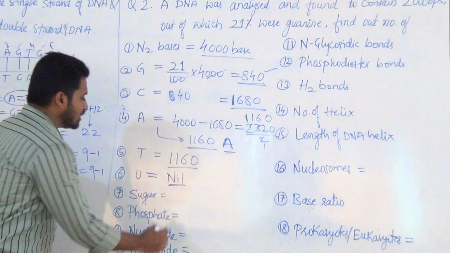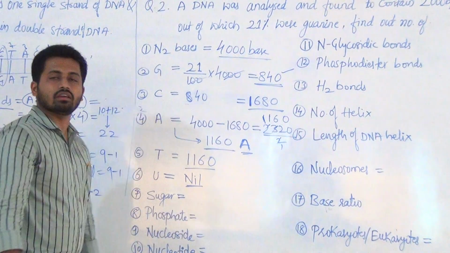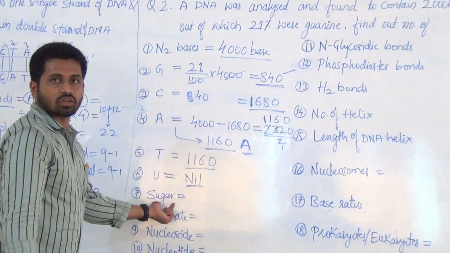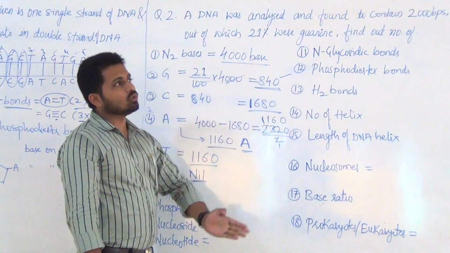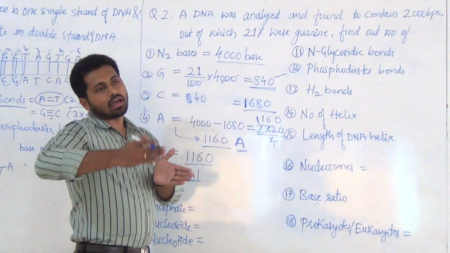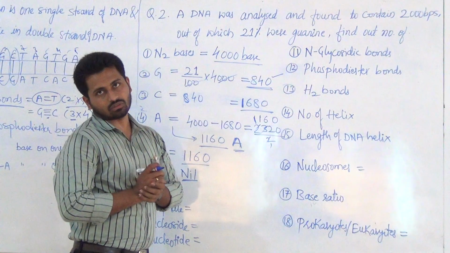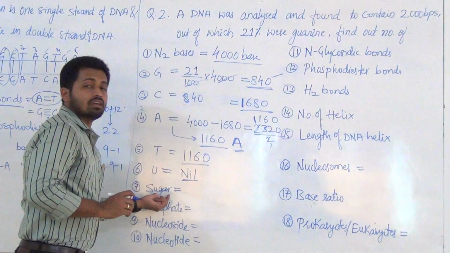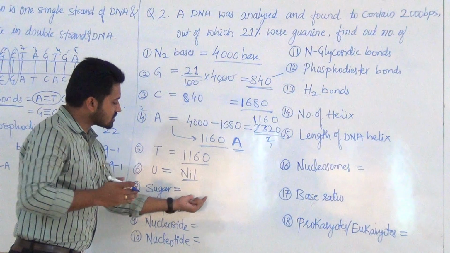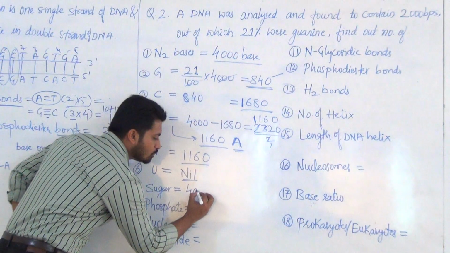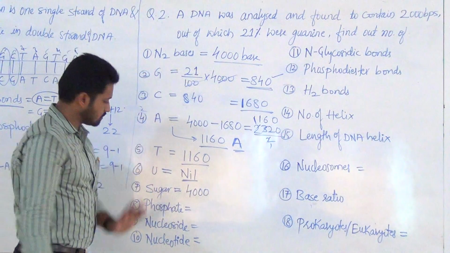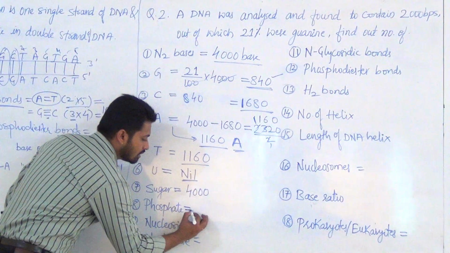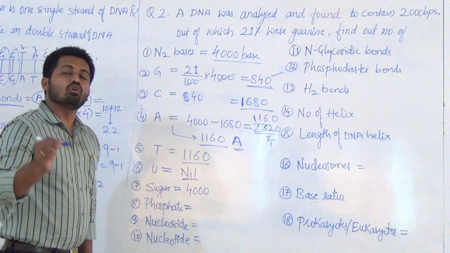Now coming to sugar, very interesting again. Total bases 4000: on one strand 2000, another strand 2000. So the sugar molecules will be 4000, ribose sugar. Next, phosphate will again be 4000.